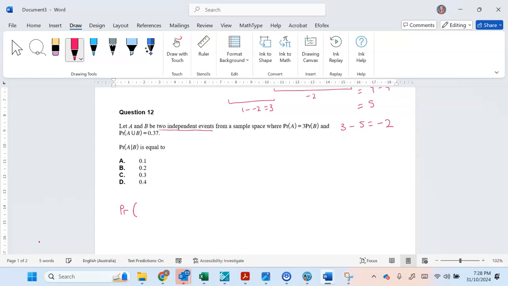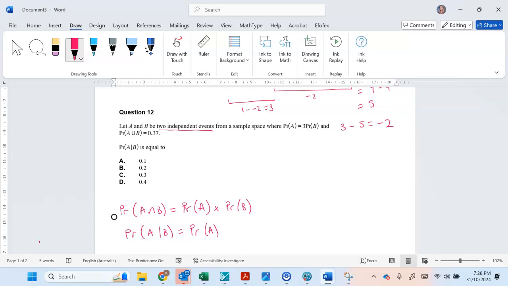The probability of A and B is equal to the probability of A times the probability of B. This is only true if they're independent events. And then the probability of A given B is equal to the probability of A. So if they're independent, then these will be true.